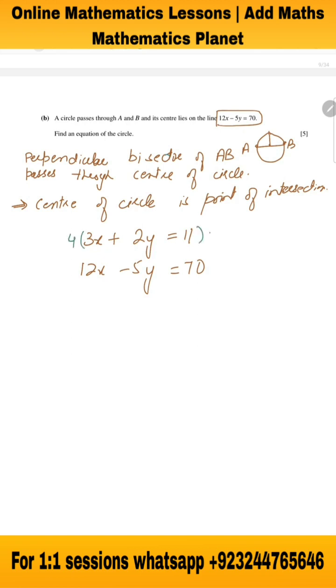We will get 12x plus 8y is equal to 44. So 12x minus 12x would be 0x, and 8 plus 5 is plus 13y is equal to 44 minus 70, which is minus 26.